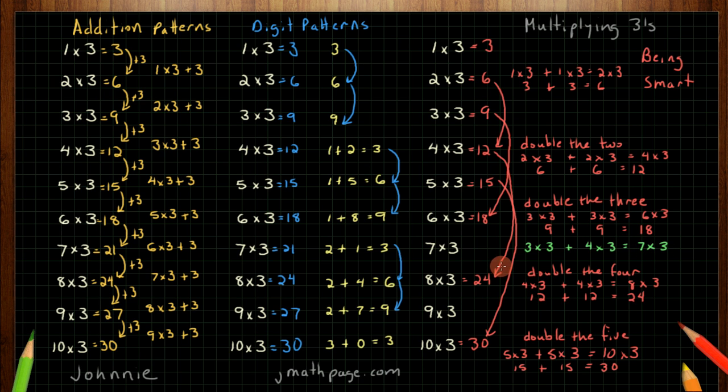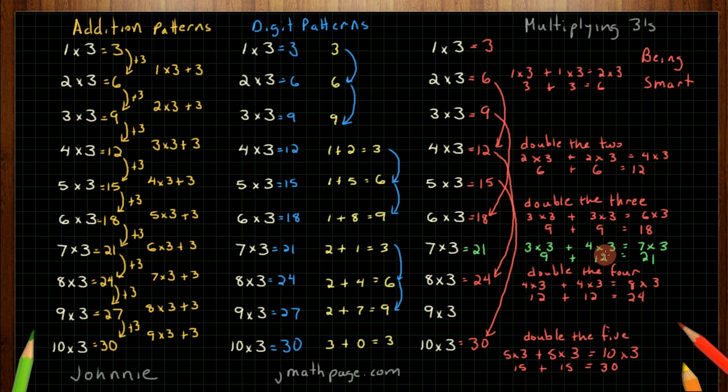All right? What is 3 times 3? Well, 3 times 3 was 9, and 4 times 3 was 12. So we add these together. 9 plus 12 is equal to 7 times 3. 9 plus 12 is equal to 21. So we can say 7 times 3 equals 21.